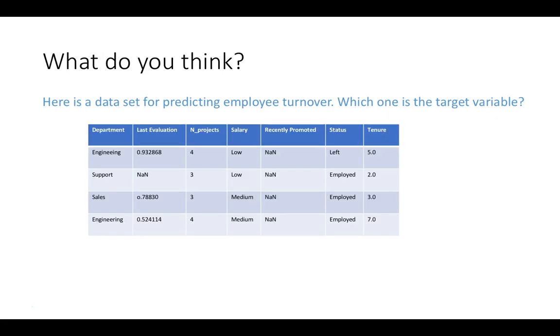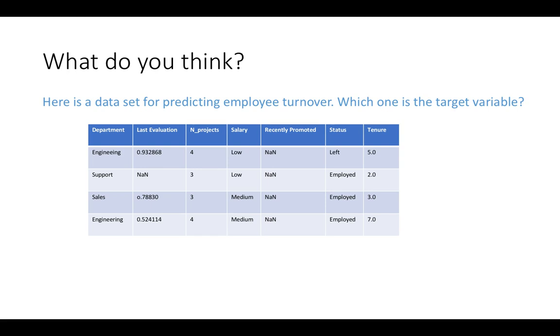So let us go to another question. We have an HR database here, a very simplistic HR database, to predict whether an employee will resign or not. So in this table, what do you see and what is the target variable? There are a lot of features there, but one of them is the target variable.